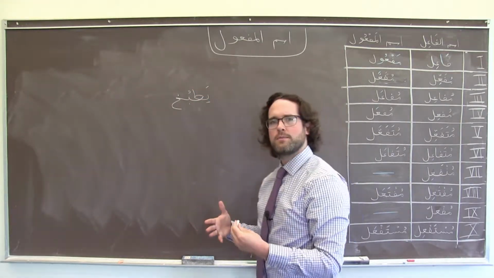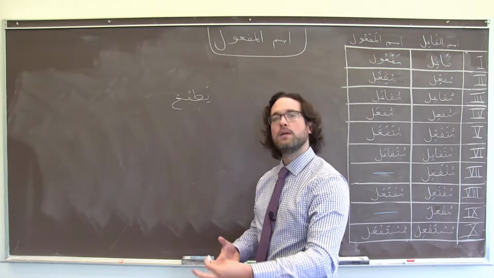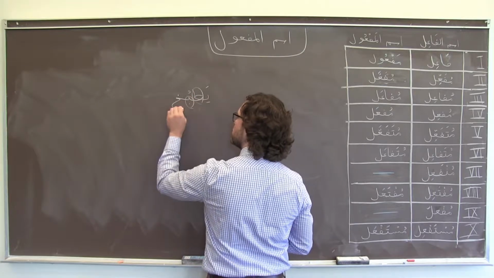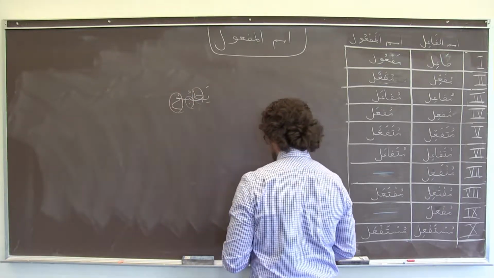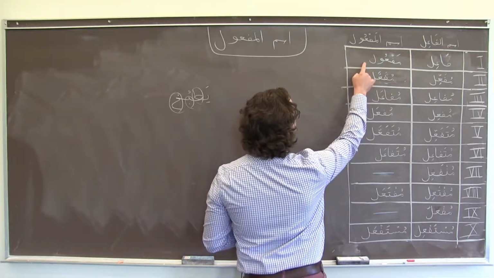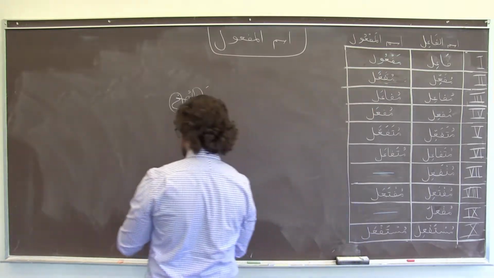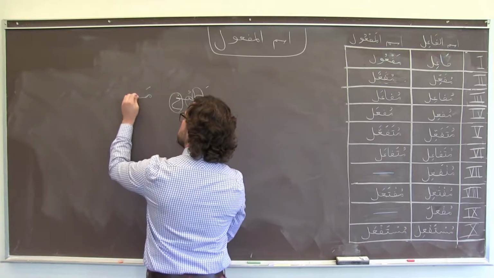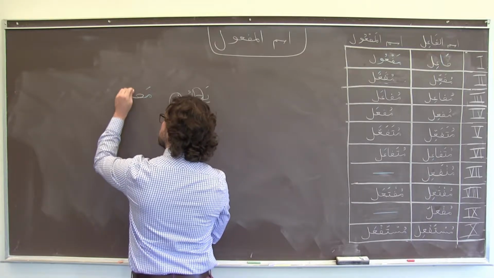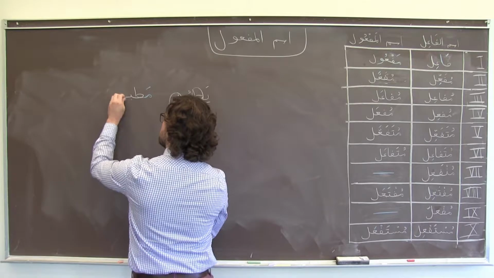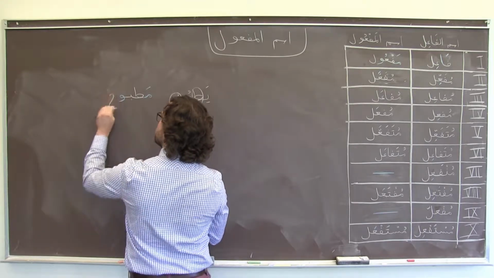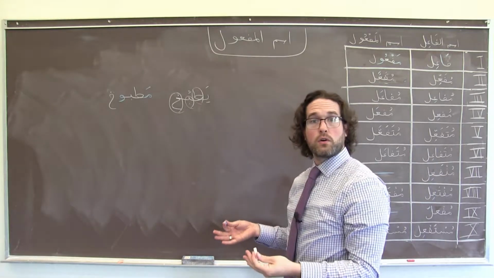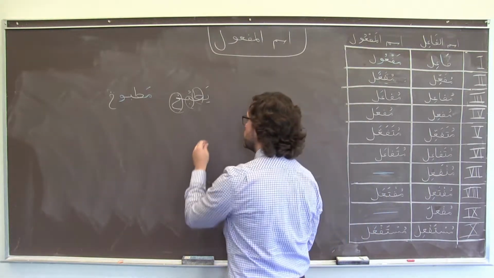But if I want to talk about something being cooked, like cooked or uncooked food, I could take the judr, the 3-letter root, and then apply this wazn that I have right here. And I wind up with matbukh, which means cooked.